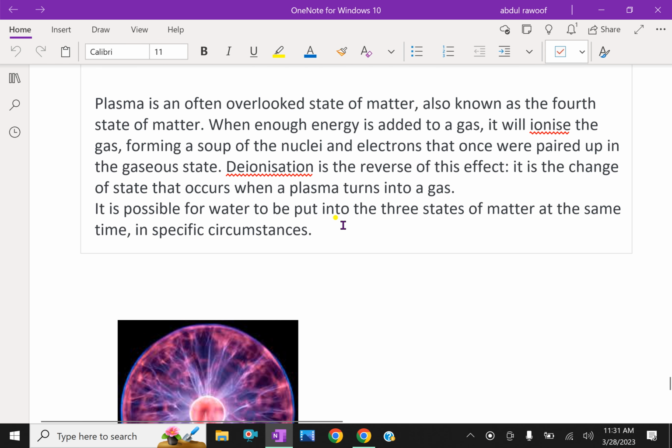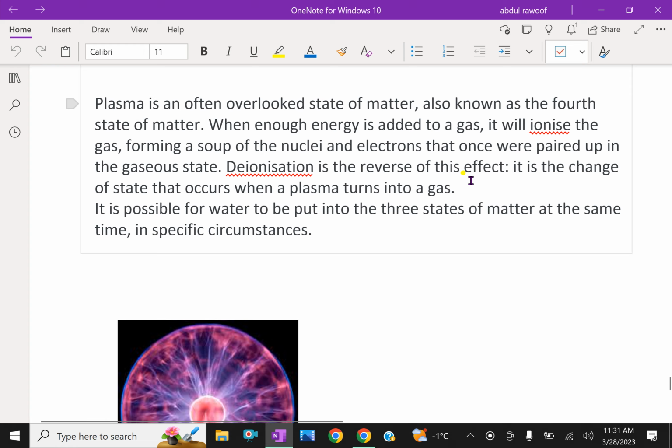Next, plasma. Plasma is an often overlooked state of matter, also known as the fourth state of matter. When enough energy is added to a gas, it will ionize the gas, forming a soup of the nuclei and electrons that once were paired up in the gaseous state.